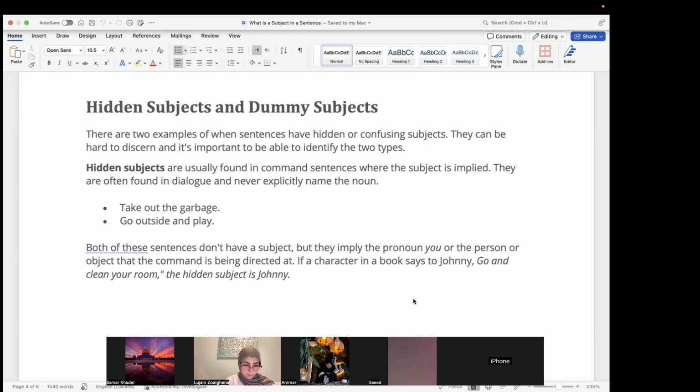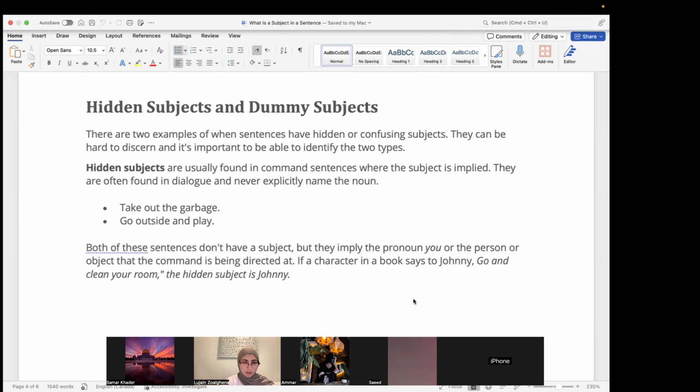They are often found in dialogue and never explicitly name the noun. Take out the garbage, go outside and play. Both of these sentences don't have a subject, but they imply the pronoun you to the person or the object that the command is being directed at.